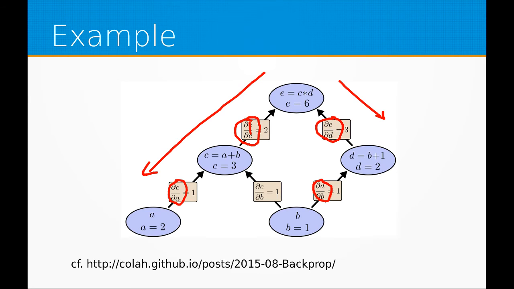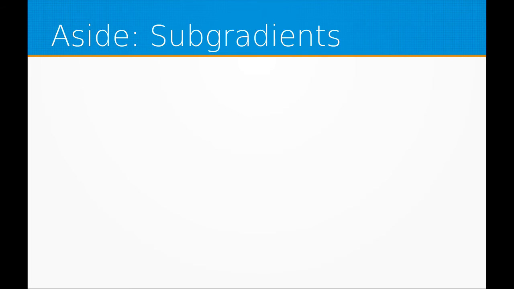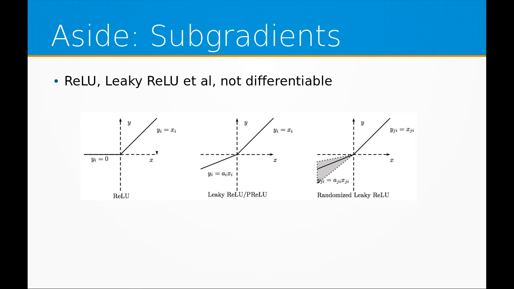So to do that, let's take a small intermission and have an aside called subgradients. Subgradients usually come in cases of ReLU, which is rectified linear unit, or leaky ReLU, and there are other variants as well. The problem is that these are not differentiable.